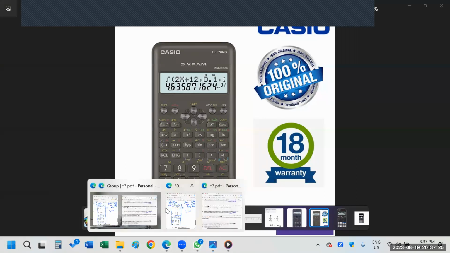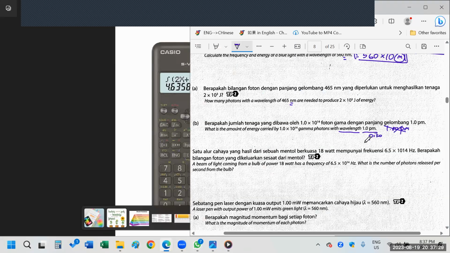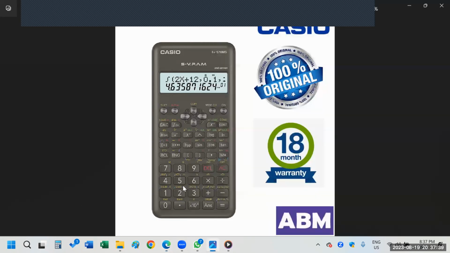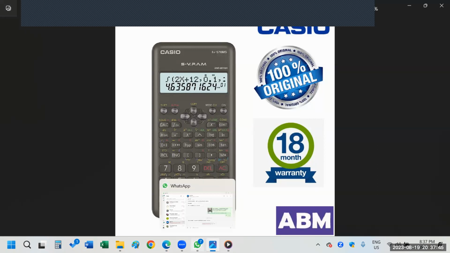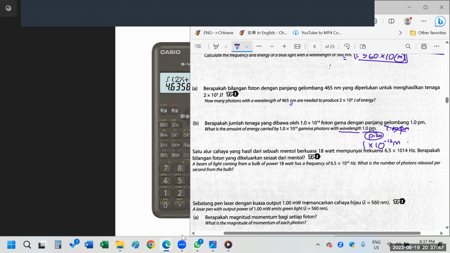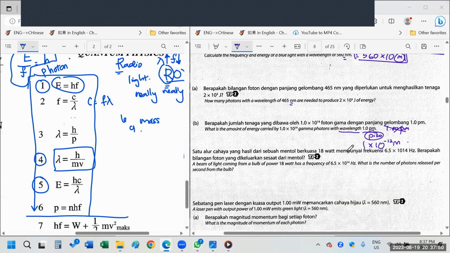So pico actually is 1 times 10 to the power of negative 12 meter. Pico is your 1 shift 2. Nano is 1 shift 3. So the rest are all like that.